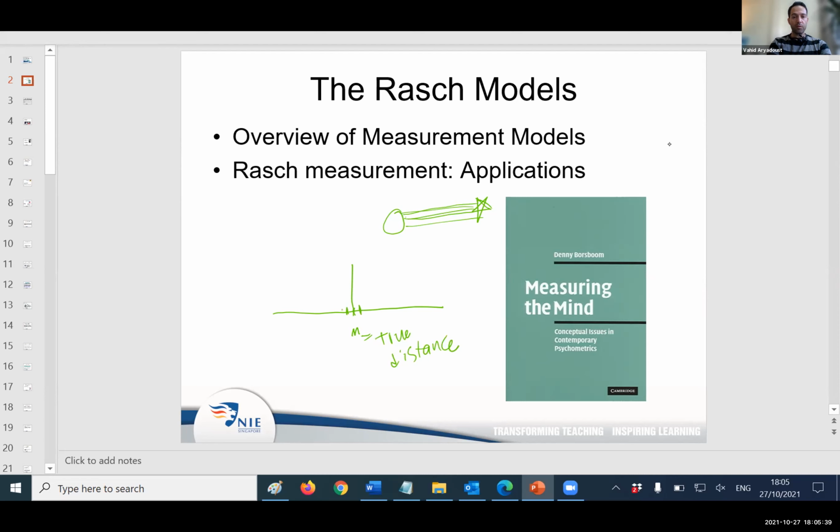So each time you have a new measurement, you sometimes get the true measure, you sometimes get a measurement, due to any reasons, which is a bit far away from the mean. Sometimes you fall here, sometimes you fall there. And as a result, the farther you go from the mean, which is the true distance, the more error you have. This was an idea in astronomy and physics, which was adapted into psychology.